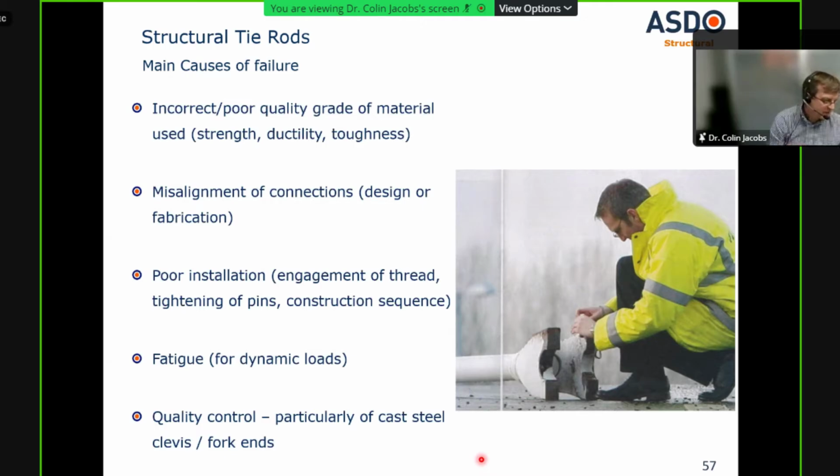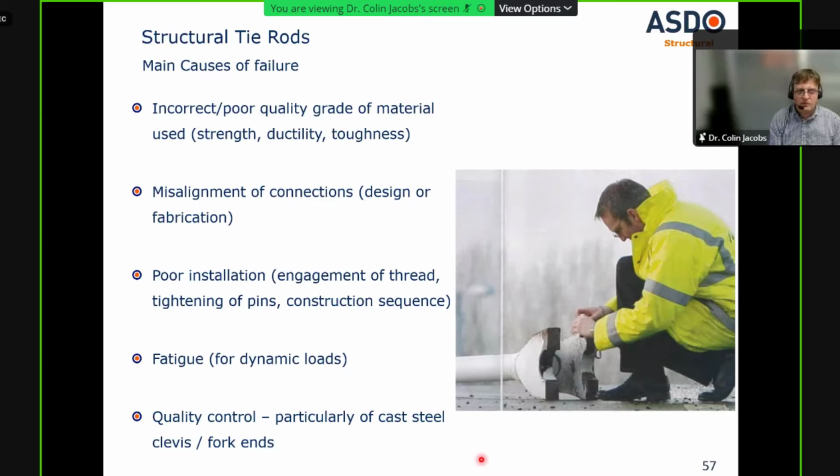I think Mr. Hegarty mentioned that it's sometimes known as PT bar, sometimes tie rods. You have to be careful if you're using some kind of pre-stressing bar, because often it will not have the ductility that's suitable for use on a tie rod structure. So be very careful, especially with the high strength bars, that they're not always suitable because of their robustness and toughness on these structures.